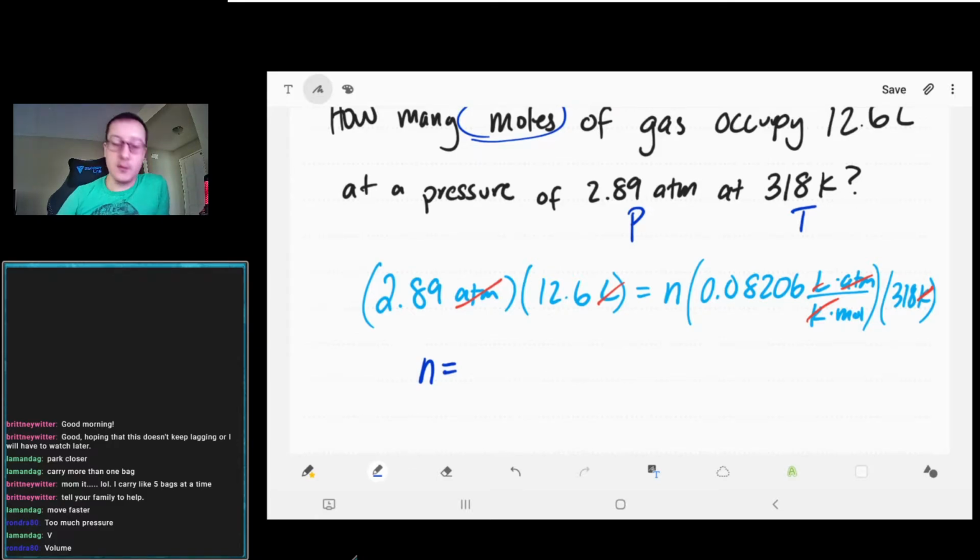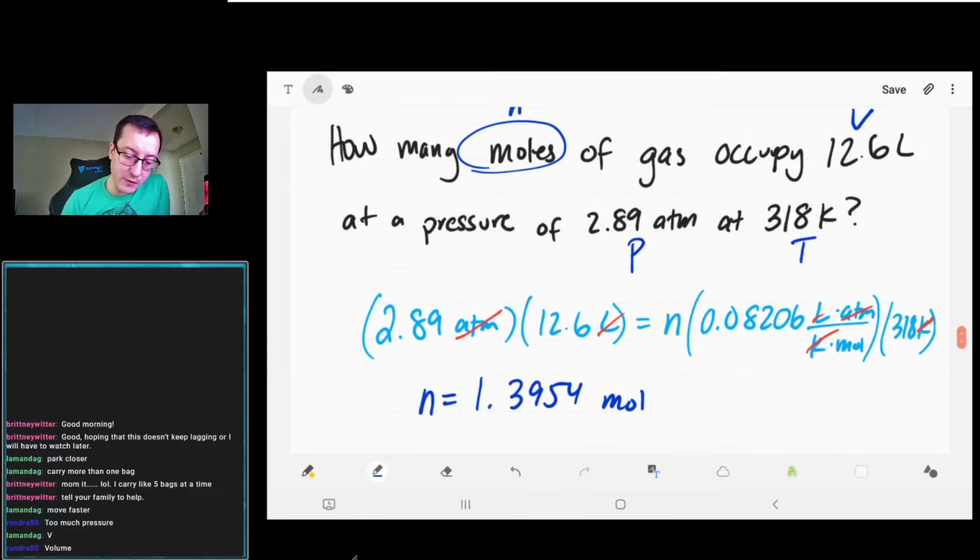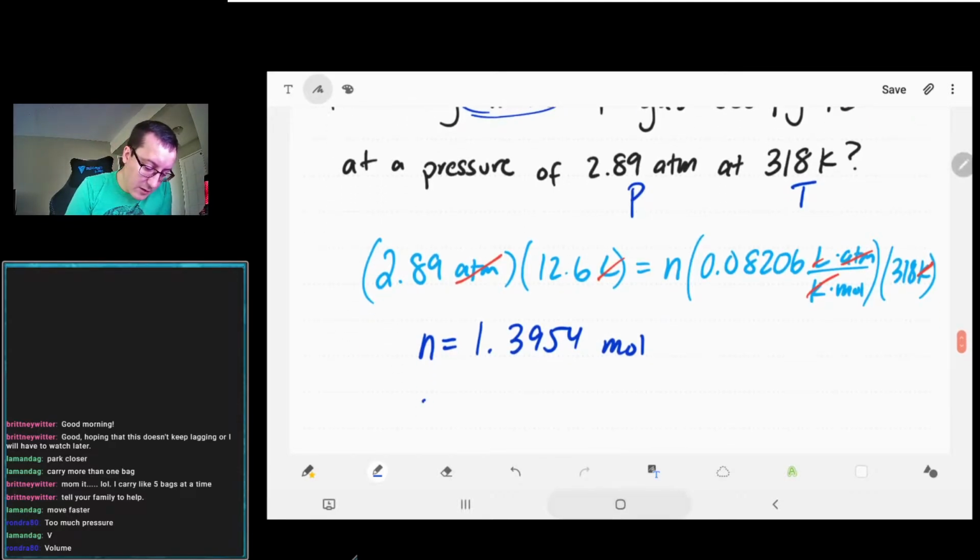Okay, so from this we get N is equal to 1.3954 moles. Looking at sig figs, all of these numbers that were given have 3 sig figs, so we should go ahead and round that to 1.4 moles.